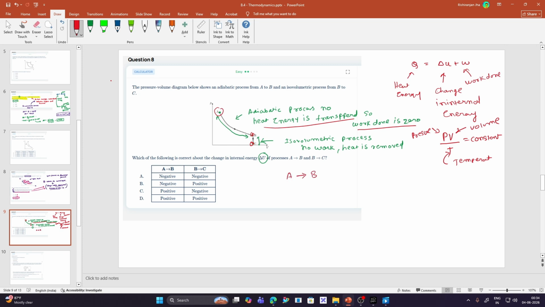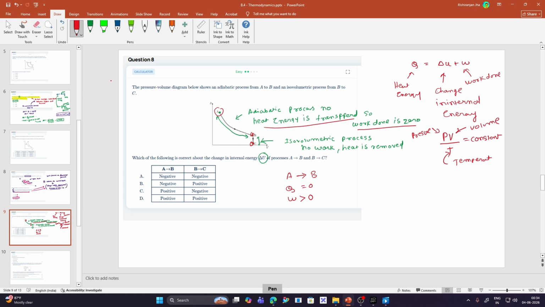So from point A to B, we can say that Q is equals to 0 and work done will always be greater than 0. Sorry, work done is not 0.